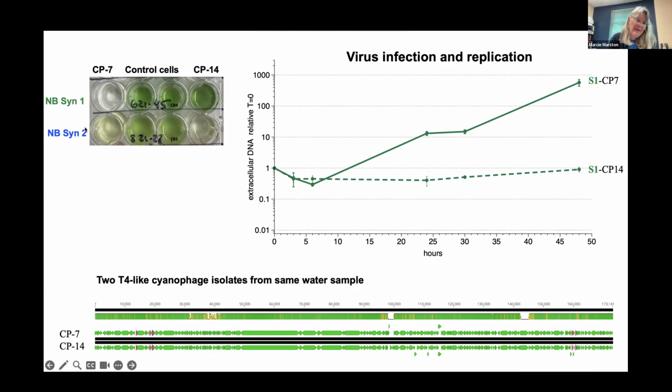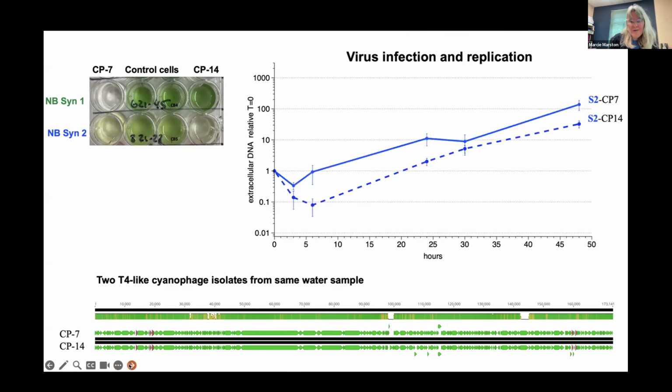So then we looked at these 2 in interactions with Synechococcus isolate 2, where they both look susceptible, but it's not complete lysis as we see with the Synechococcus 1 cell type. And when we look at those, again, we see that yes, they both can infect.